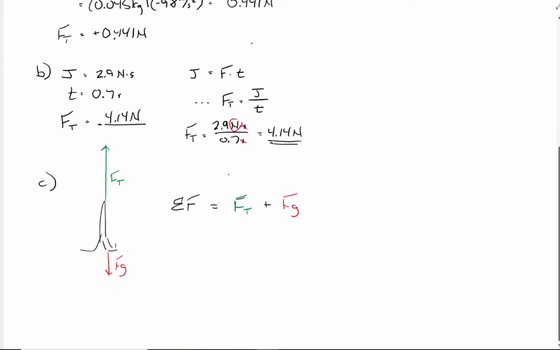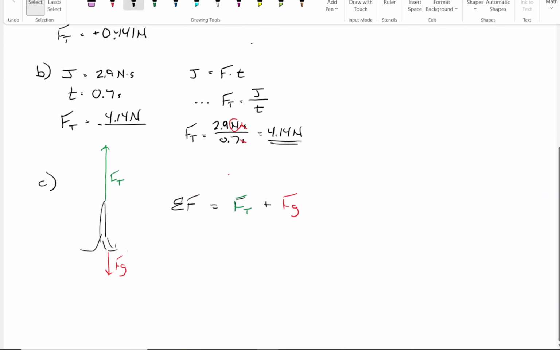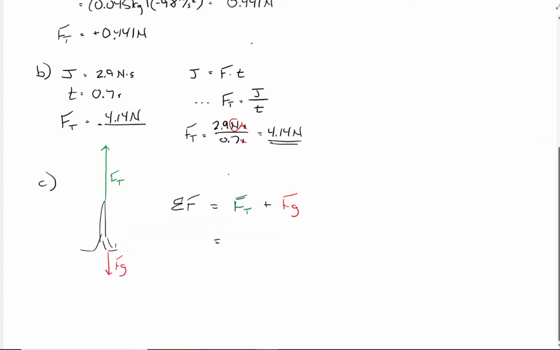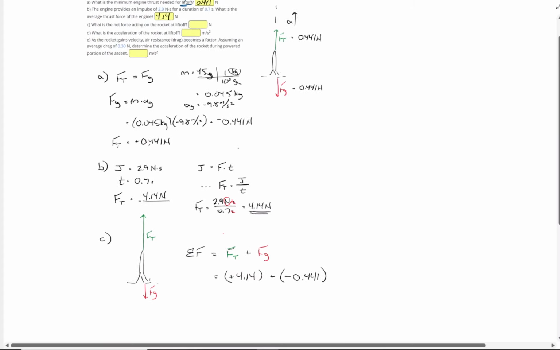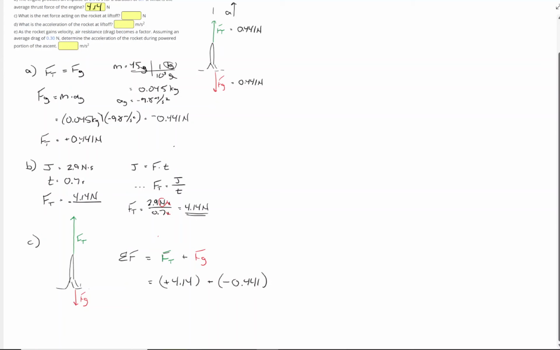Now, again, this is where signs come into play, right? We know that the net force would be equal to the upward thrust force, positive 4.14 newtons, plus the downward gravitational force, which we found to be 0.441 newtons, right? That was the minimum thrust needed. So we knew FG already. That hasn't changed. But now we know how much thrust there is.